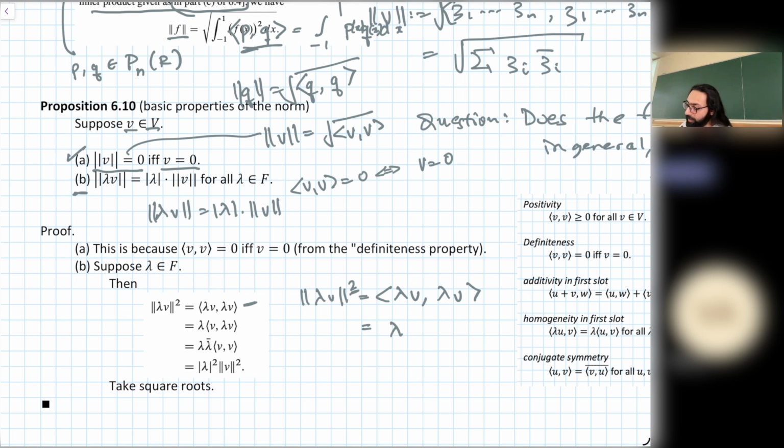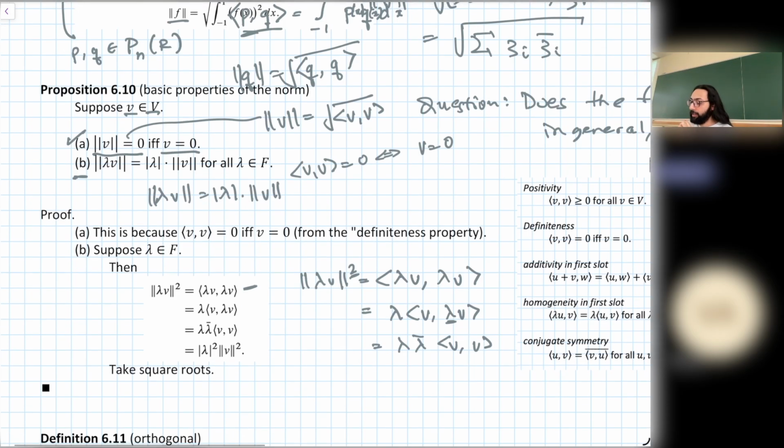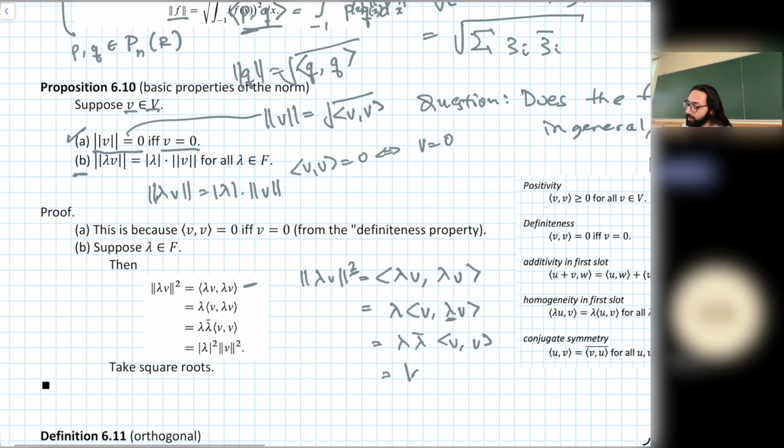Then we can get one lambda outside using the homogeneity property. That is fine. And then we can also get the other lambda out, but with the lambda bar, from the conjugate property. So you'll have lambda bar, lambda. And then lambda bar lambda is what? It's just a complex number, so we can write it as the length of lambda squared, or the norm.